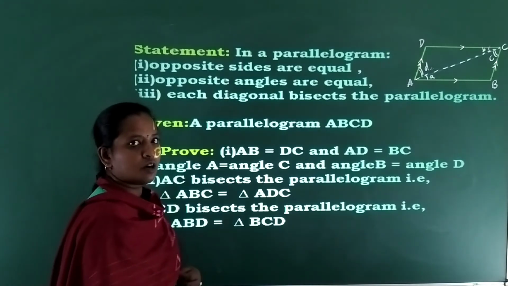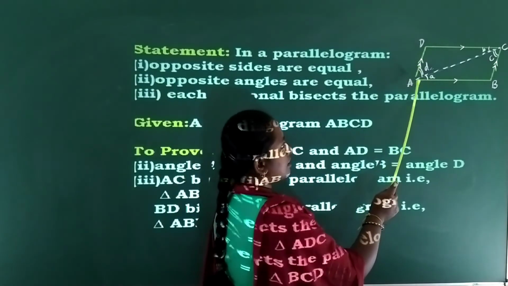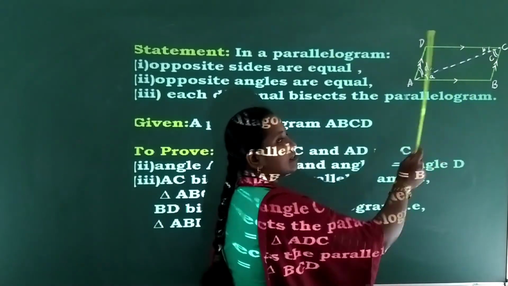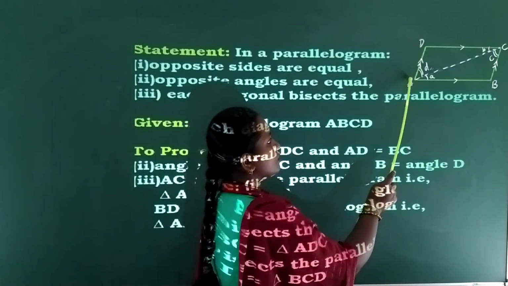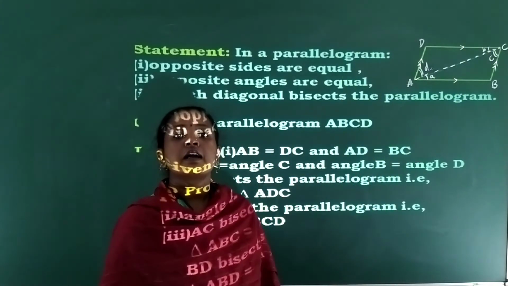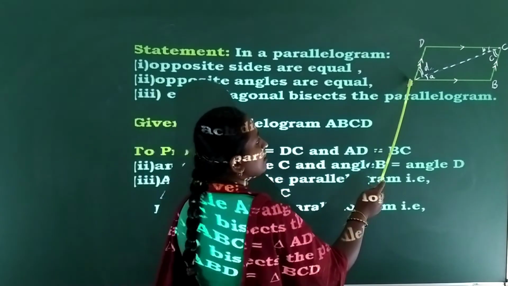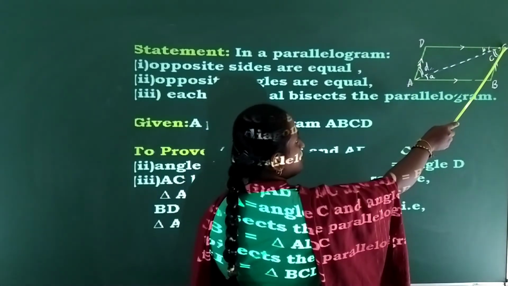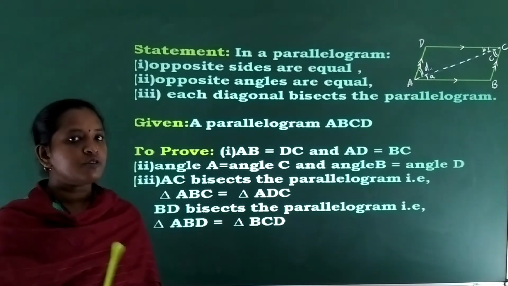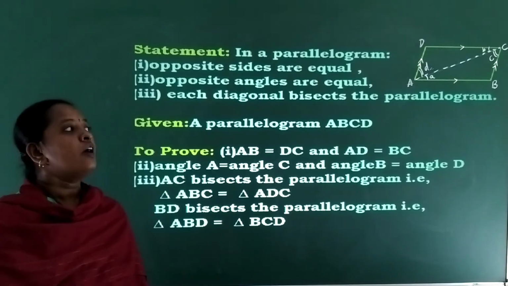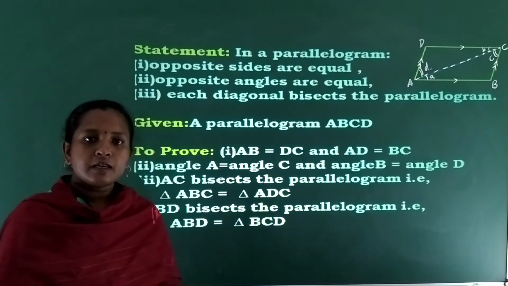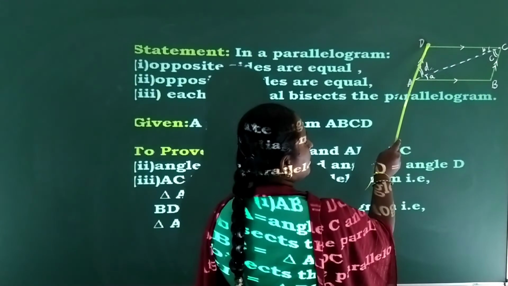Then each diagonal bisects the parallelogram. I have drawn only one diagonal, children. This is the diagonal. Diagonal means opposite vertices should be connected. I have drawn only one diagonal because if you prove it for that one diagonal, it will be similar for the other diagonal.